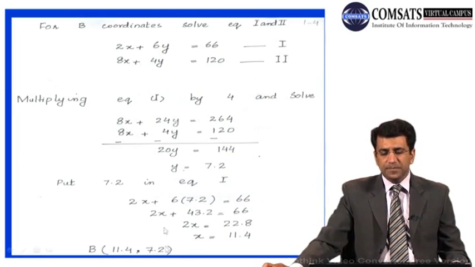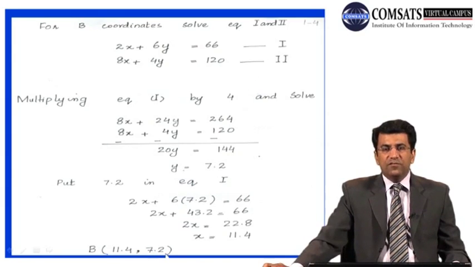Now again class, here in this particular case, what is meant by 11.4 and 7.2? It is one of the alternatives that the production manager is going to produce 11.4 products for product A and 7.2 products for product B, which may of course sometimes not be feasible because the number of products may not be in points.